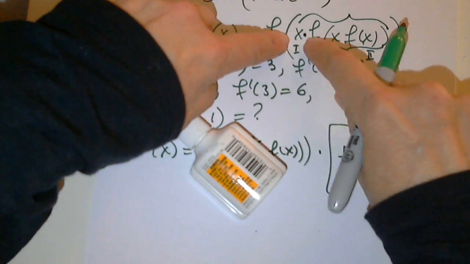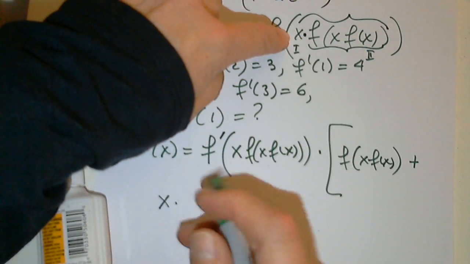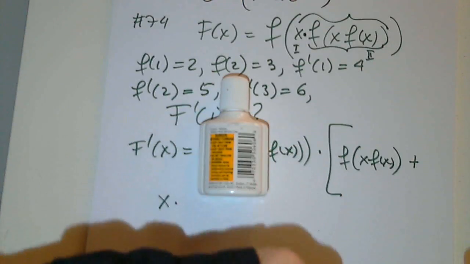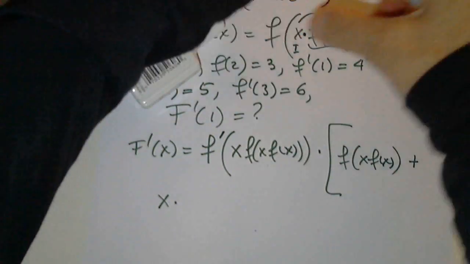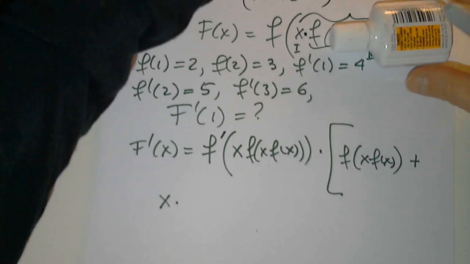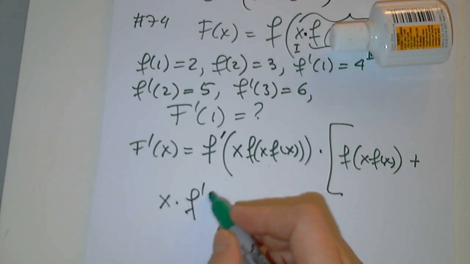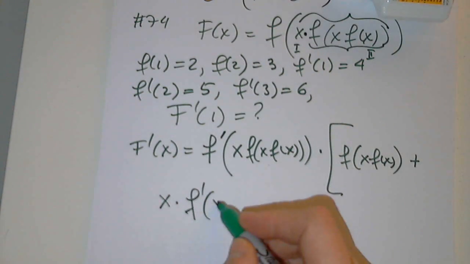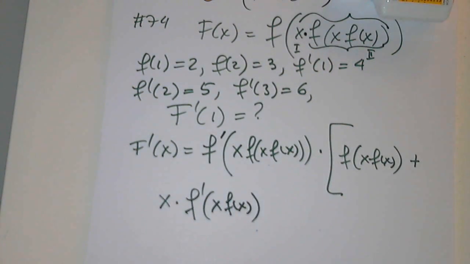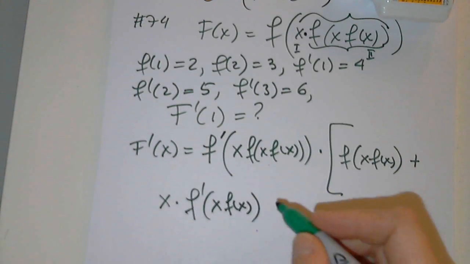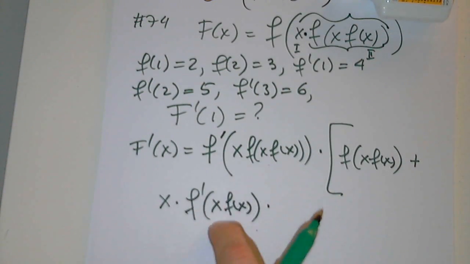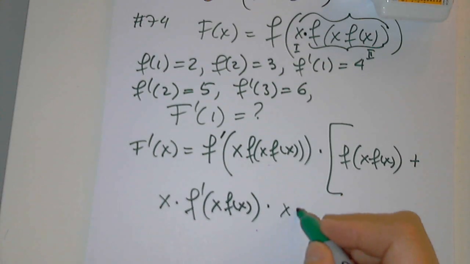Plus, I copy the first function, and now I have to differentiate this one. I'm differentiating a function of a function. So this will be f prime of, and I copy it, times x f of x prime.